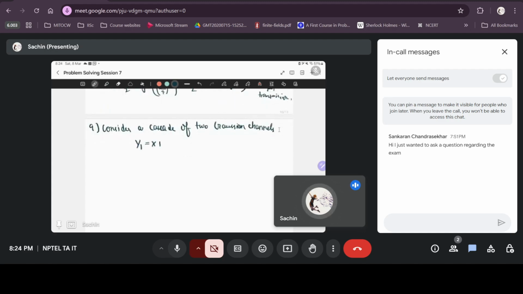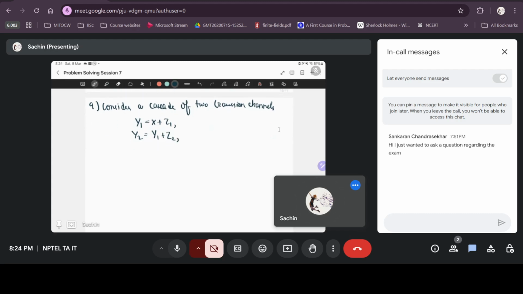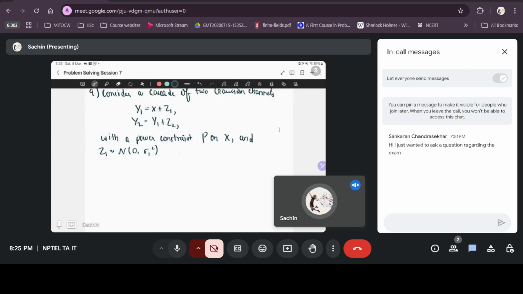Y1 is X plus Z1, Y2 is Y1 plus Z2, with a power constraint P on X, and Z1 is distributed with mean 0 variance sigma 1 square.